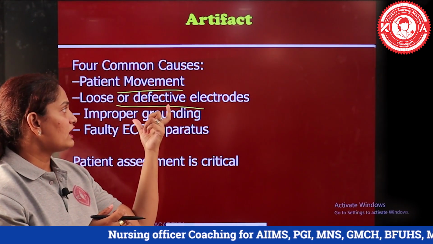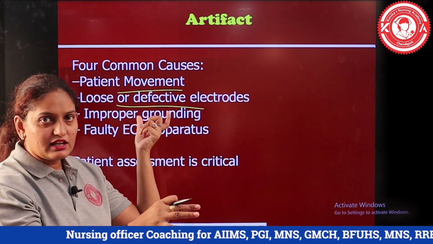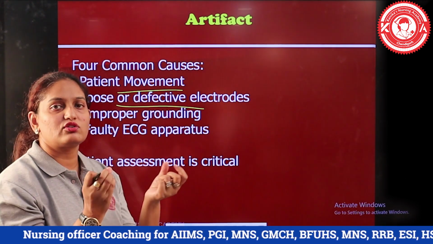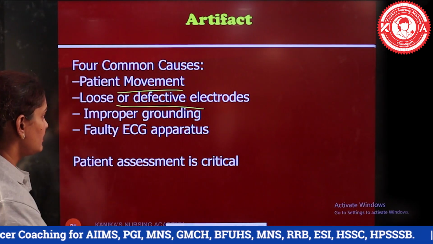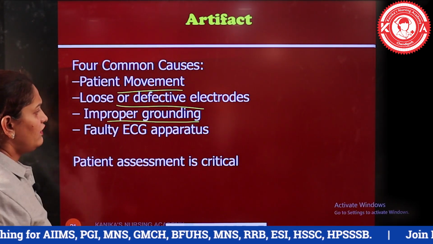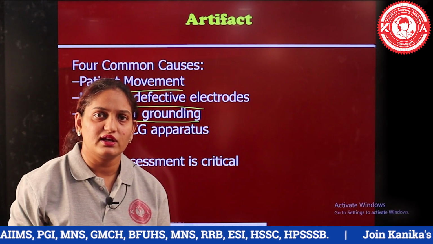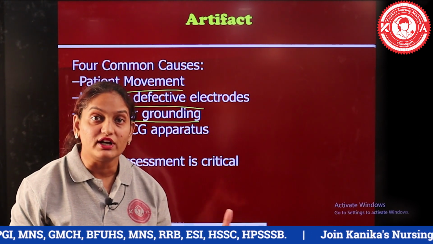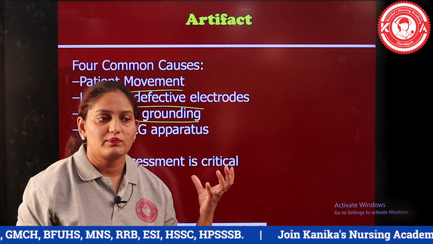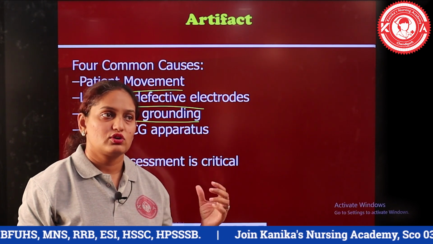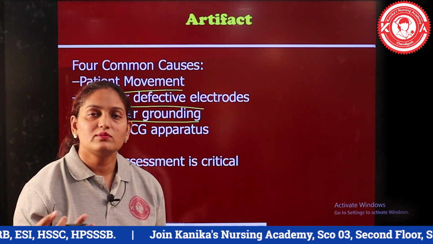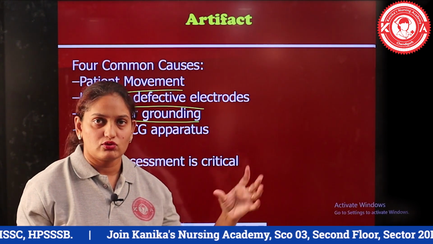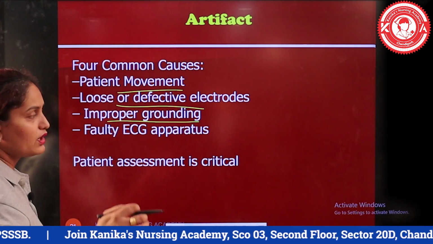If we have not placed the electrodes properly, or the electrodes are not connected to the wires properly, that may be another reason. Then if there is improper grounding of the electrodes because of sweating over the area or hair over the chest, again we would not be able to find the rhythms or waveforms on the ECG strip or recording.